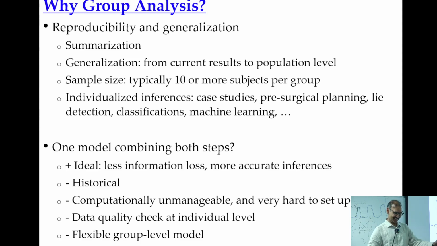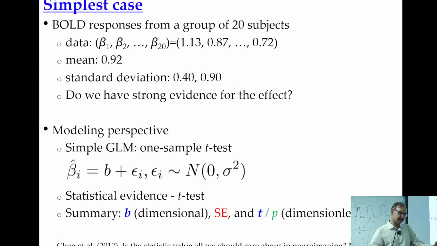As I said, maybe the simplest case, let's say we have 20 subjects, and we use GLM to find the beta values for all the 20 subjects. And these are the values, and the mean is 0.92.